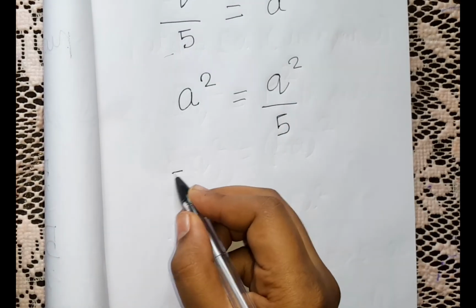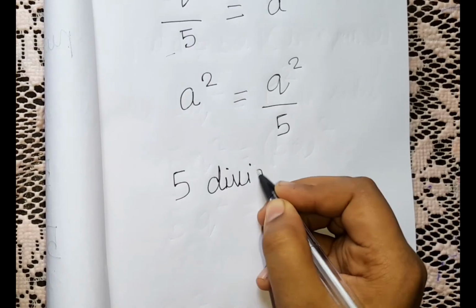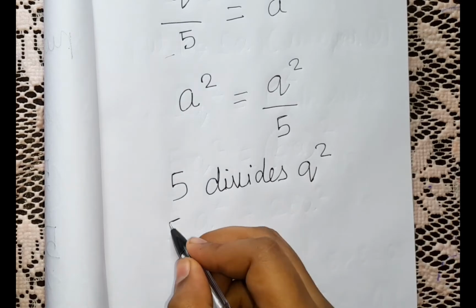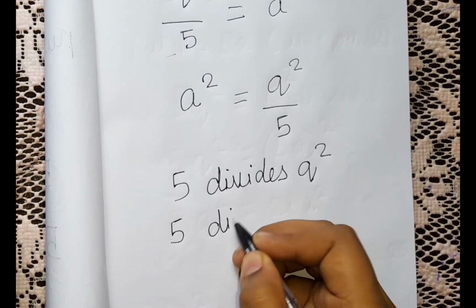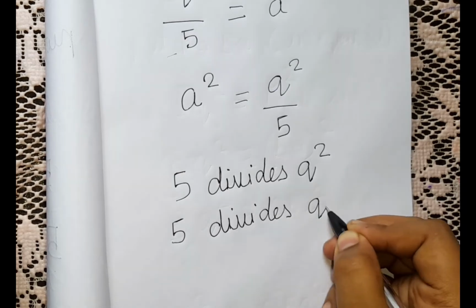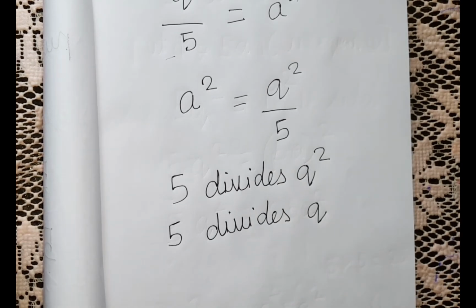Now let's write 5 divides q square, and we shall write 5 divides q. We are writing q because it is in the rational form. Why? Because rational numbers are always in the form p by q.